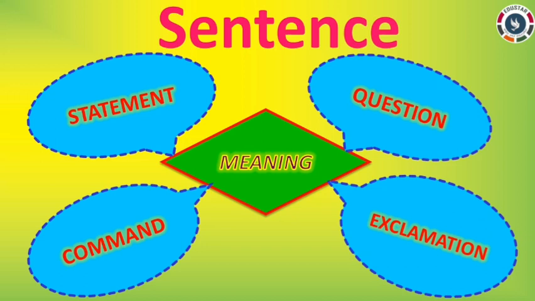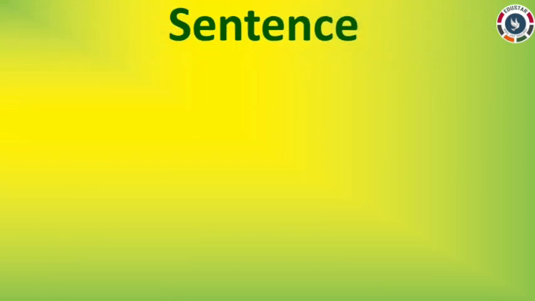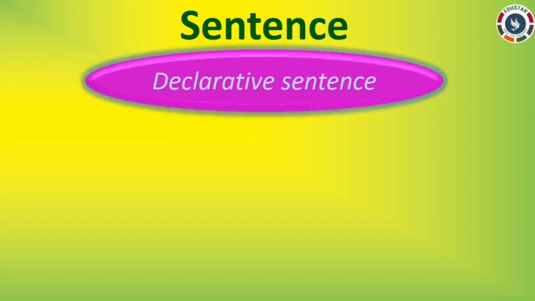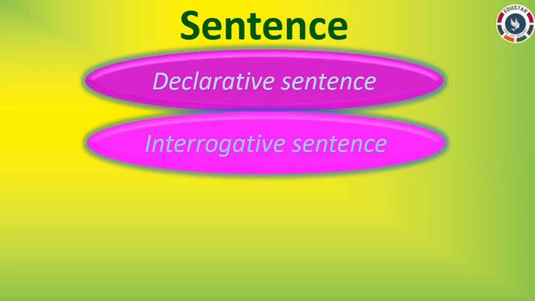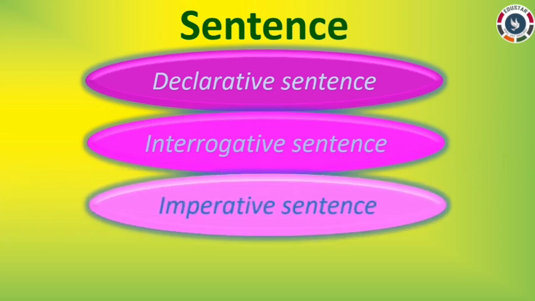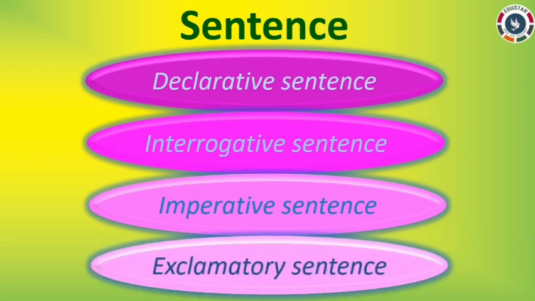Based on different meanings or thoughts, sentences are mainly divided into 4 types. First, declarative sentences. Second, interrogative sentences. Third, imperative sentences. And fourth, exclamatory sentences.